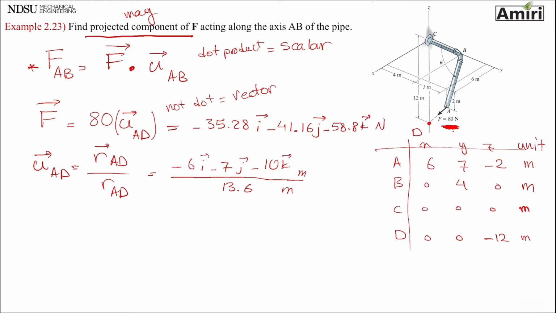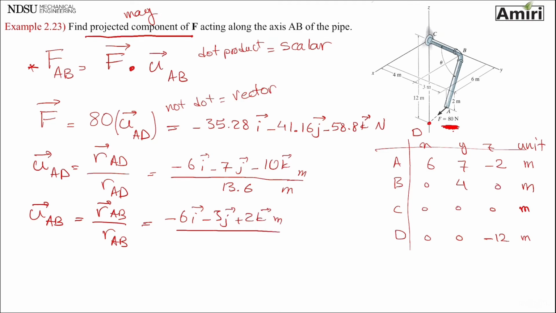The units are newtons. Okay, we got that out of the way. Next, we got to do unit vector of AB, position vector AB divided by magnitude of that position vector. And this is going to be minus 6I minus 3J plus 2K meters, and the magnitude is going to be 7 meters. I think we're ready to do the dot product.